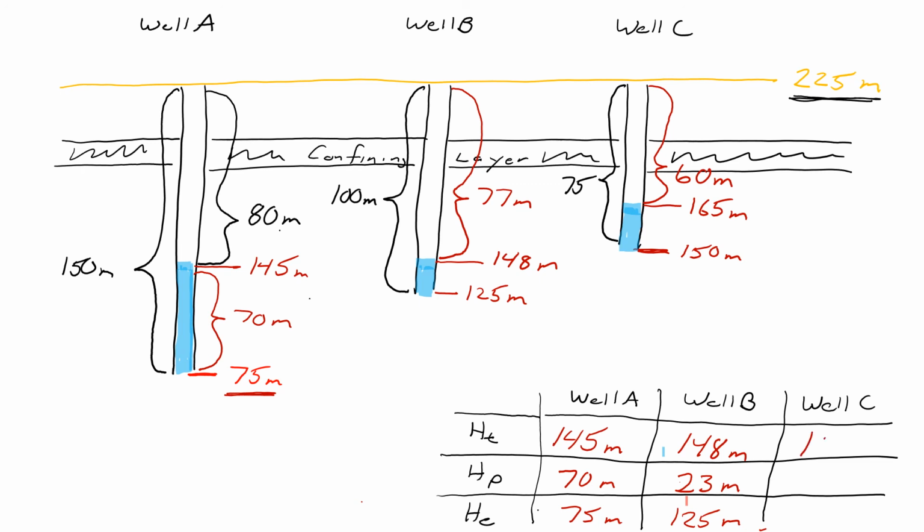That should be 165. So what's the total head? 165. What's the elevation head? Elevation at the base of the well? 150. And what's the pressure head? 15. Okay.